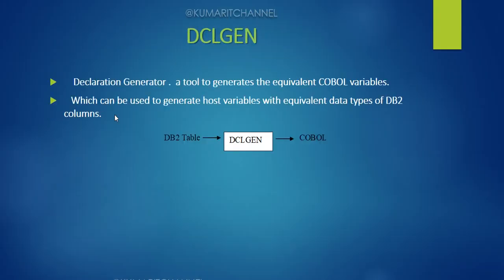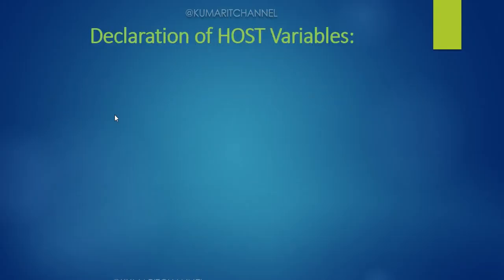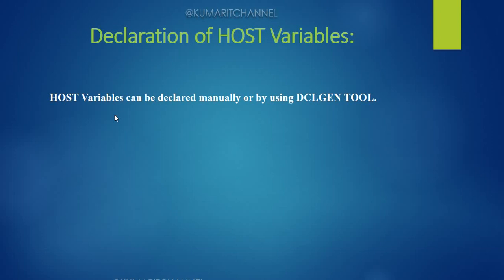Within that we have a concept called host variables. What is a host variable? We need to understand. A host variable can be declared manually or by using DCLGEN. If you have one or two fields, you can just type and code it. What if you have 50 fields, 30 fields, 20 fields?